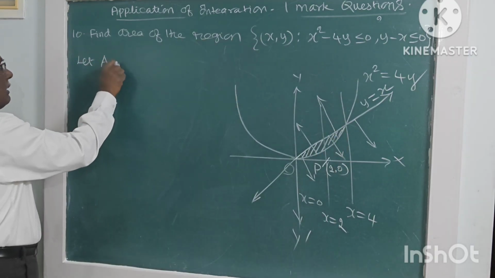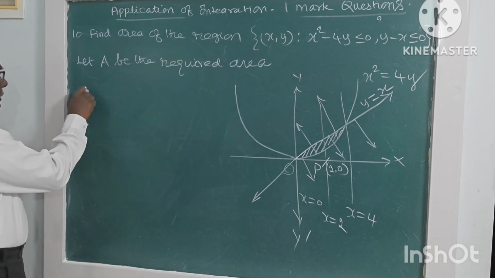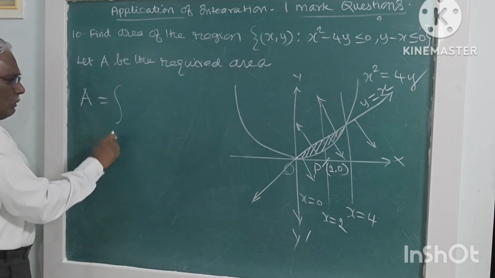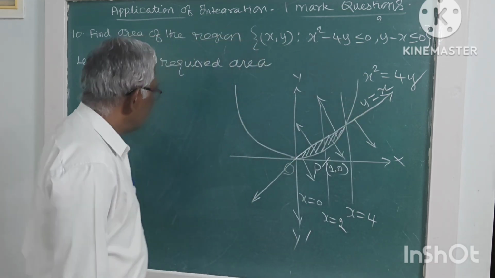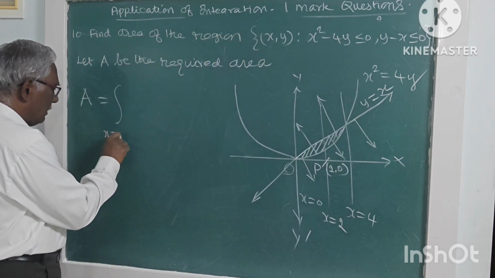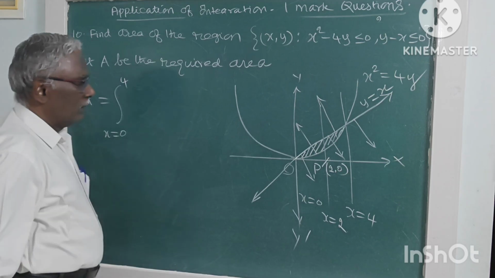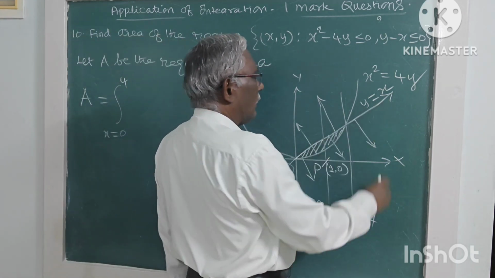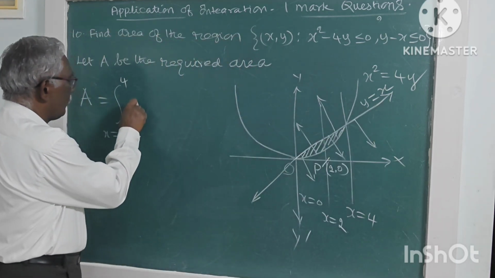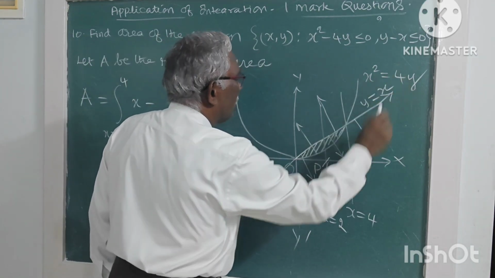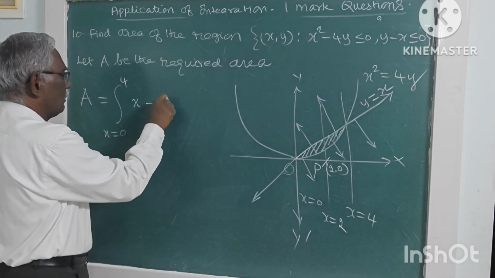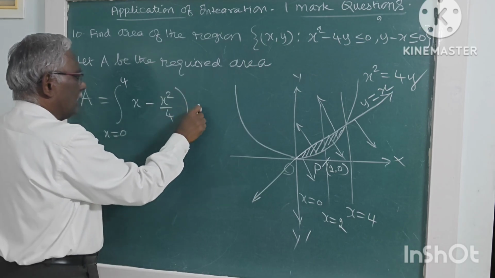Let A be the area. So A is equal to the integral from x is 0 to 4. Take the equation of line, y is x, minus y is x square by 4, dx.